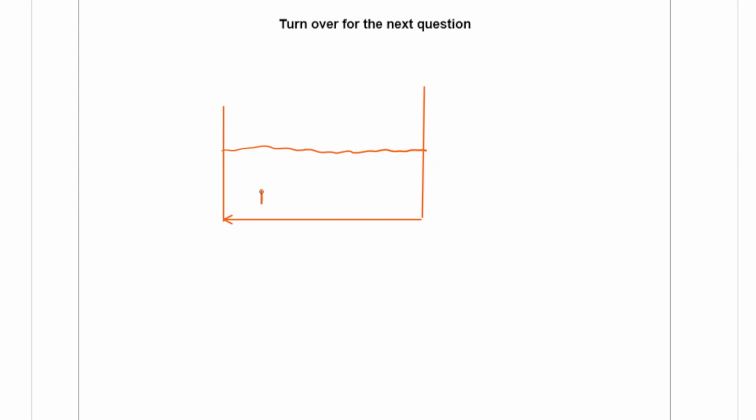Now, sodium sulfate will break into sodium ions and sulfate ions. This is basically a salt. It also encourages the water, which is H2O, to break up into H plus ions and OH minus ions.